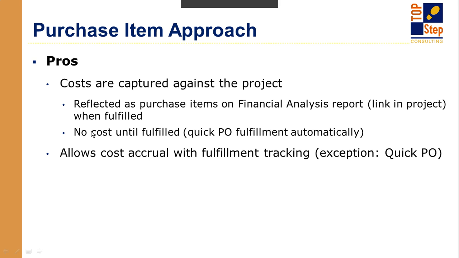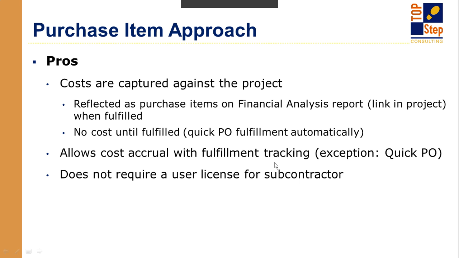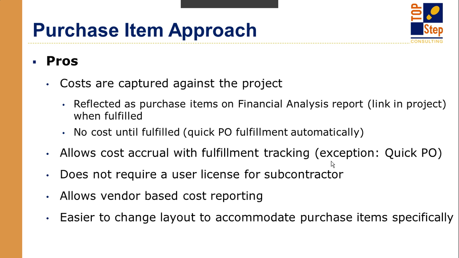Again, if you're using quick POs, there is no fulfillment tracking. It just happens to now exist. But with the purchase request, you do have the full workflow and the full approval process. This also does not require a license for the subcontractor and allows you to report on your cost by vendor. And it's pretty easy to change the layout to accommodate different or specific purchase items.